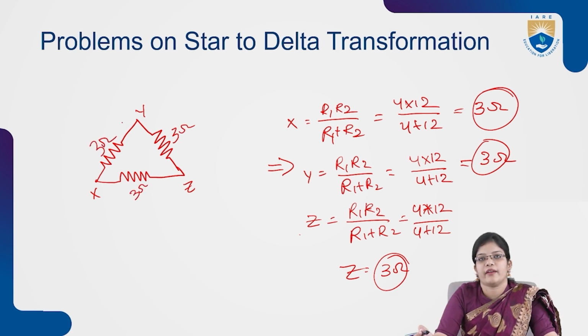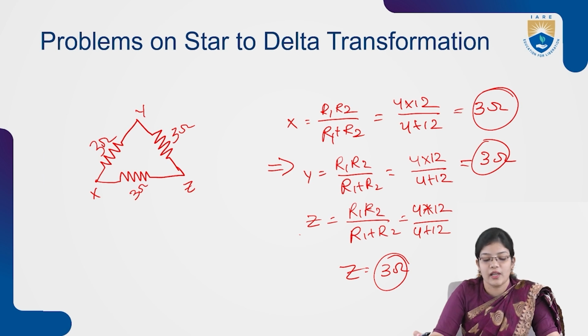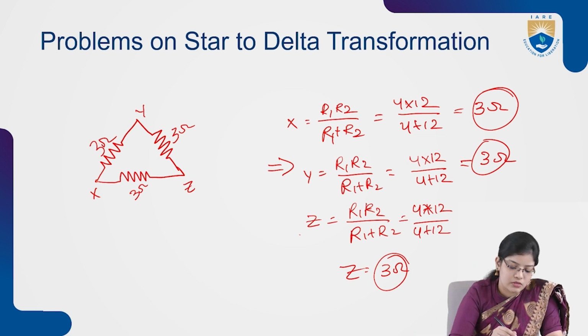Now in the question they have asked to find the equivalent resistance of the network across any two of the terminals. Specifically they have not mentioned to calculate across XZ or XY or YZ. So they have said to calculate the resistance across any two terminals, so I am taking these two terminals as the source terminals.